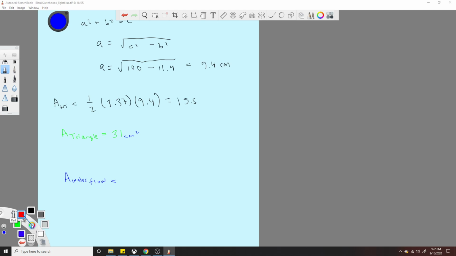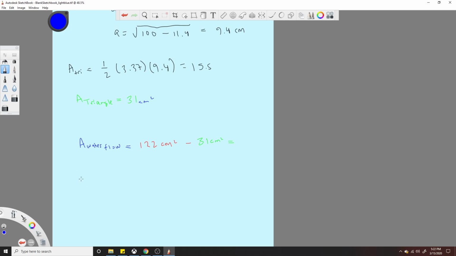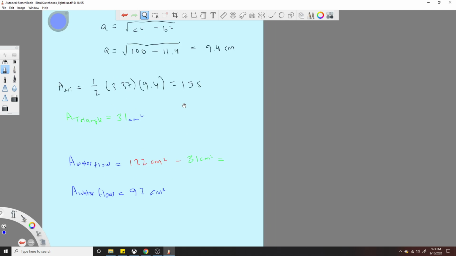So we take our red, which is 122 centimeters squared, and we'd subtract that by 31 centimeters squared, and we are left with 92 centimeters squared. Yep, that's your problem.